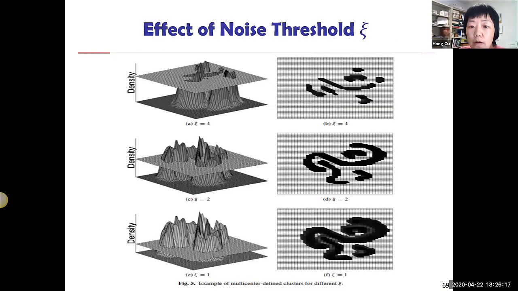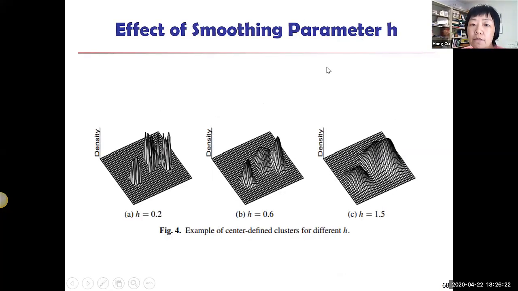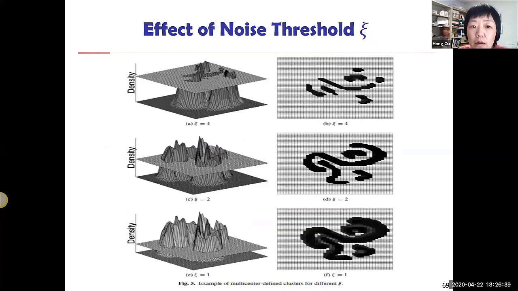So earlier we showed the effect of the parameter H. This is very similar to our lambda when we were doing the radial kernel in SVM. Exactly the same idea. As for the effect of the noise threshold, if we increase the threshold, very few points are going to be included in the clusters.